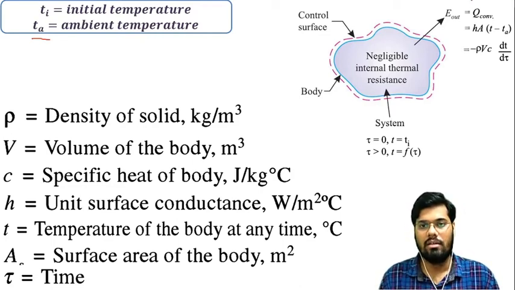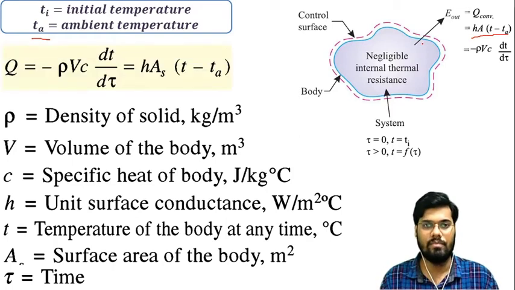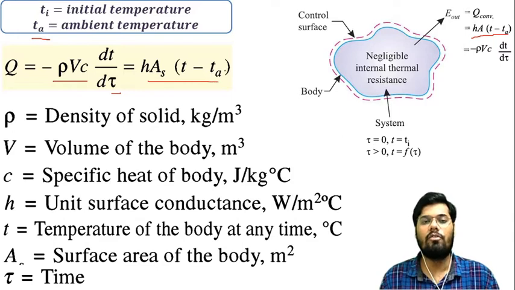So we know that there is heat transfer between this system and the surrounding by convection mode. The heat transfer rate by convection is hAs delta T, and because of this heat transfer from the system, there is a change in internal energy of the system, which is mCp delta T. So mCp dT by d tau is the same as the amount of heat rejected by the system to the surrounding.